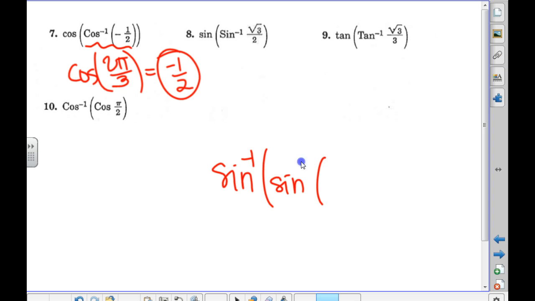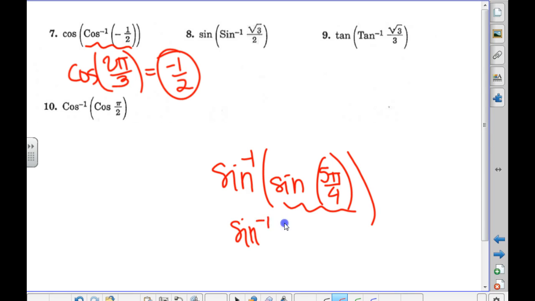Guys, look, this one does not cancel out. What is the sine at 5 pi over 4? It's a regular old sine, go around to 5 pi over 4 and you tell me the sine is? Negative square root of 2 over 2.